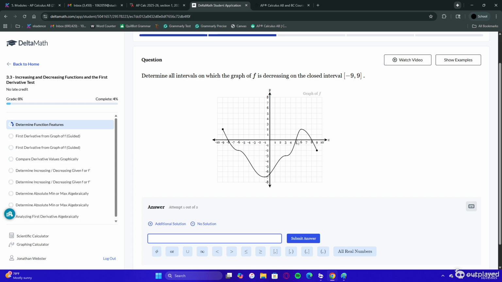It goes up here, it's increasing, so this is not what we're looking for. Then it goes down again. So from -9 to -1, you're going to be decreasing. And then it's going up here, and then from 6 to 9, you're going to be decreasing.